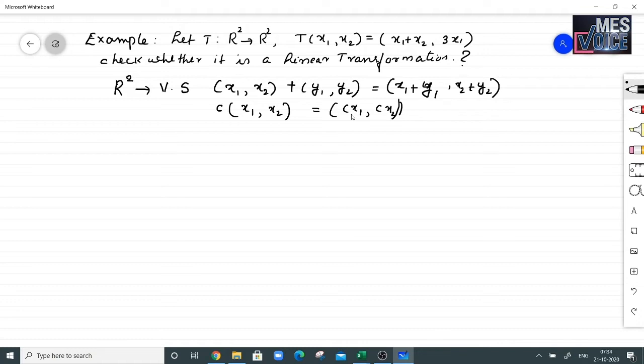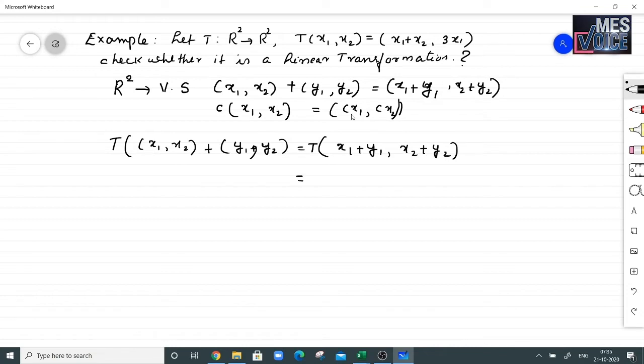Now we will verify the first condition of the linear transformation, that is T of (x1, x2) plus (y1, y2) is equal to T of (x1 plus y1, x2 plus y2).